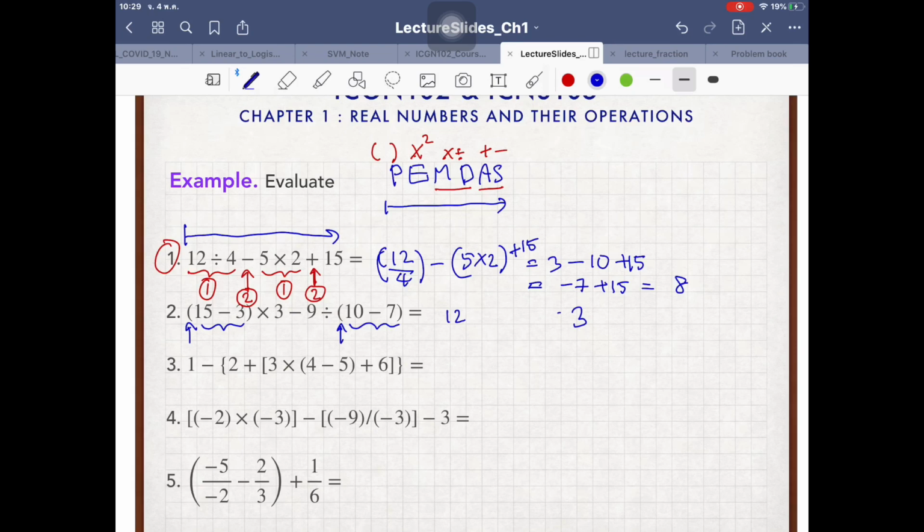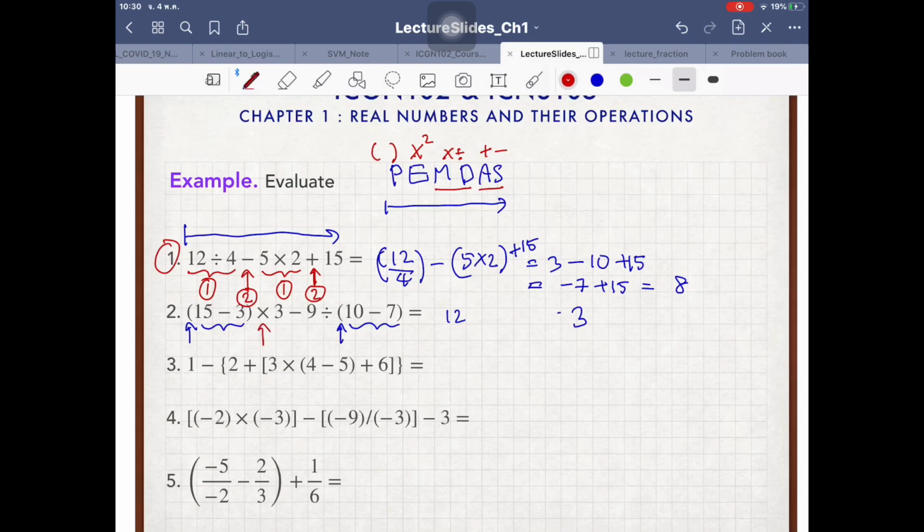And then once we get things done for the terms with parentheses, in the next step, you need to check if you have the term of exponent or not. In this example, we don't have anything with the exponent term. So for the next order, you need to take a look at the terms of multiply and divide.